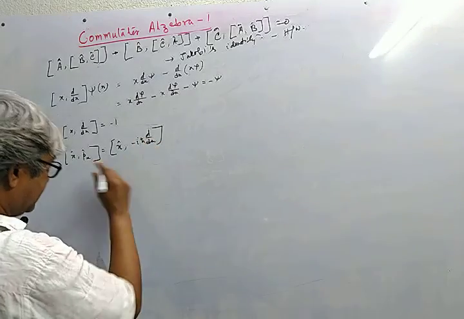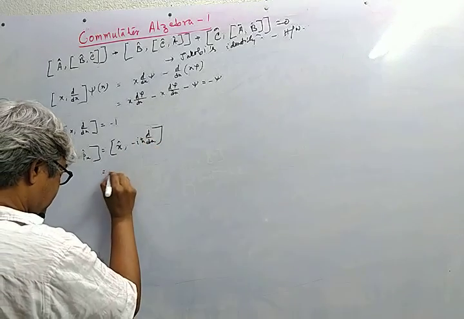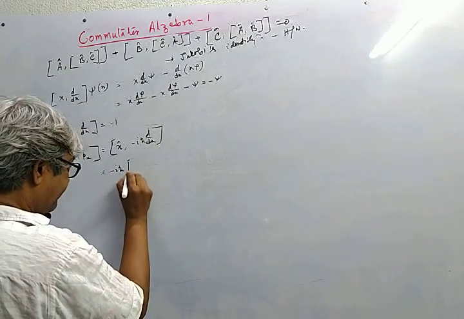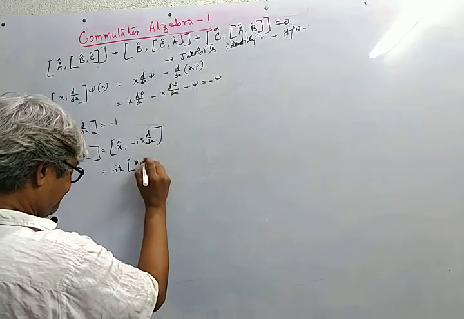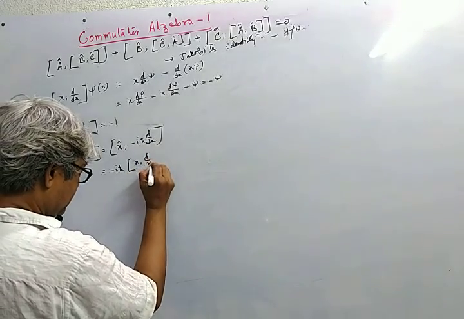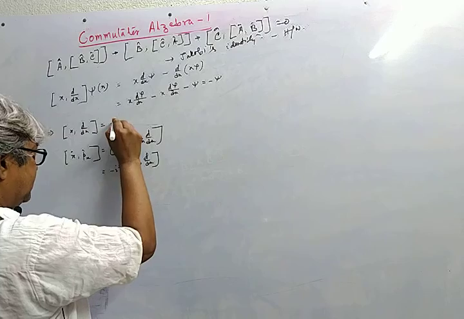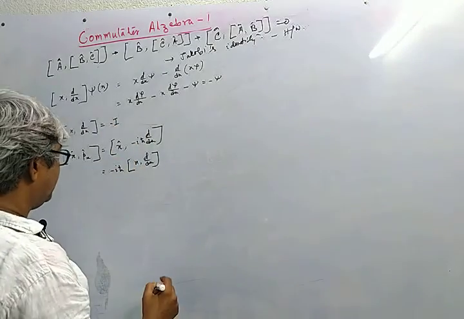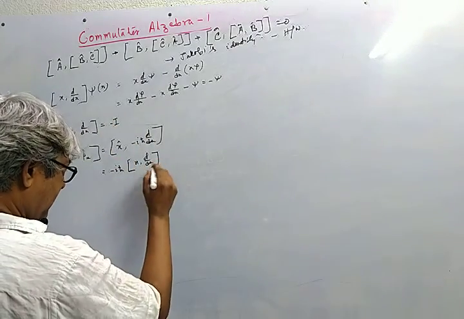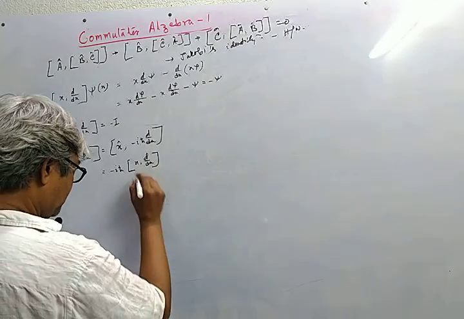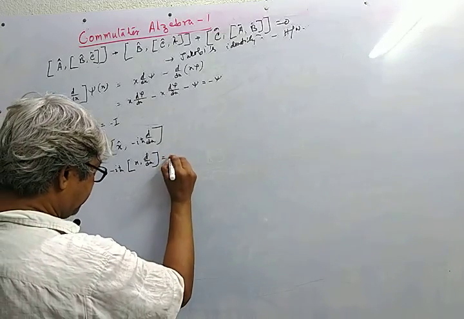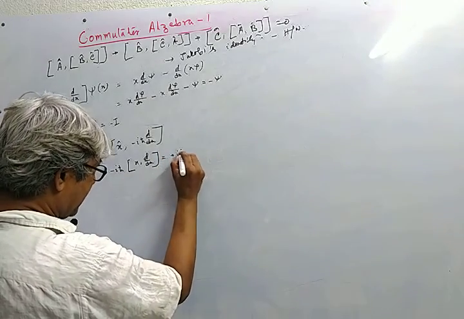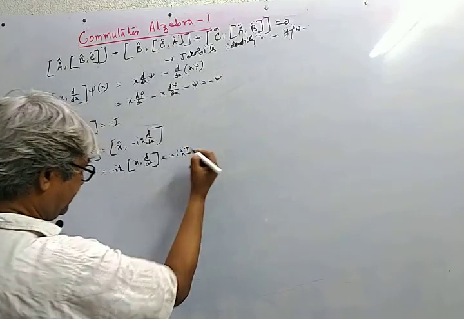So if we take minus i h-bar common, then this is x with d/dx, which is minus 1, where 1 means the identity operator. So this minus and minus makes it plus. So this is plus i h-bar times the identity operator.